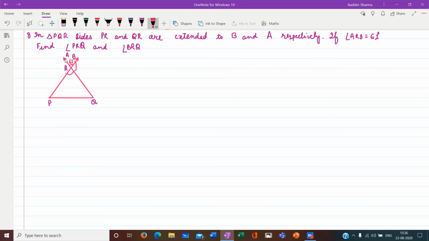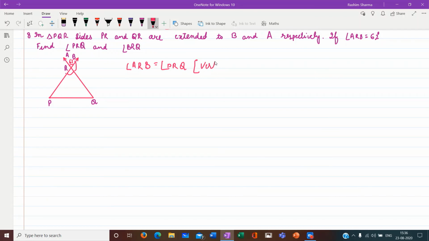Here we can see angle ARB is 62 degree and angle PRQ is vertically opposite to it because they are on the opposite side of vertex R. Am I right? So we will write angle ARB is equal to angle PRQ. Why are they equal?